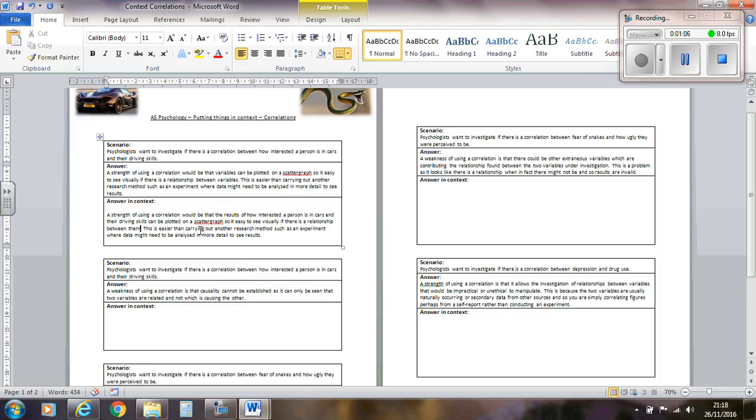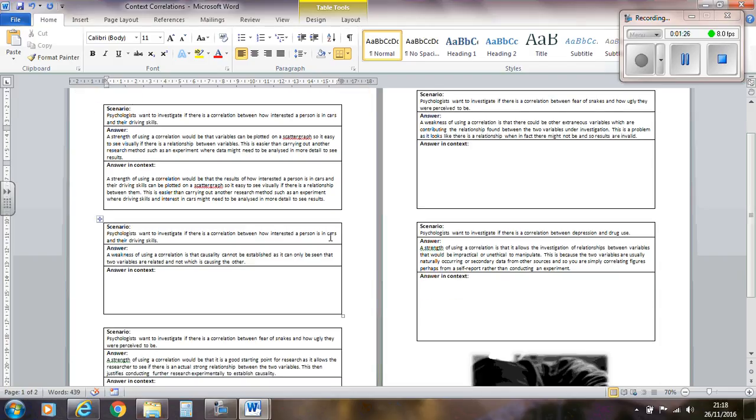This is easier than carrying out another research method such as an experiment where driving skills and interest in cars might need to be analysed in more detail to see the results.